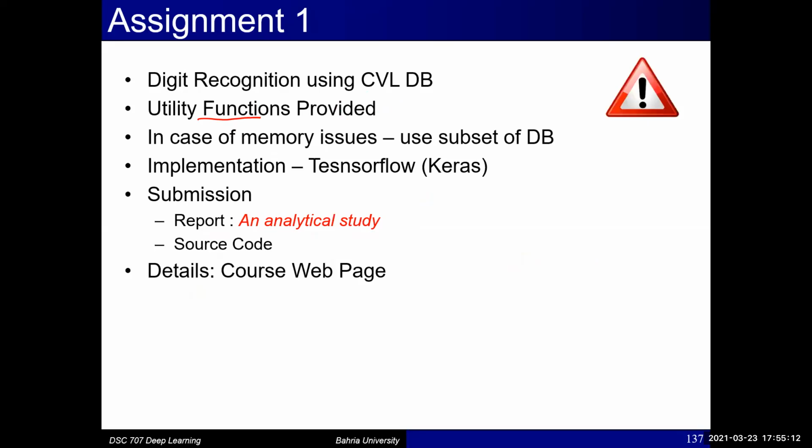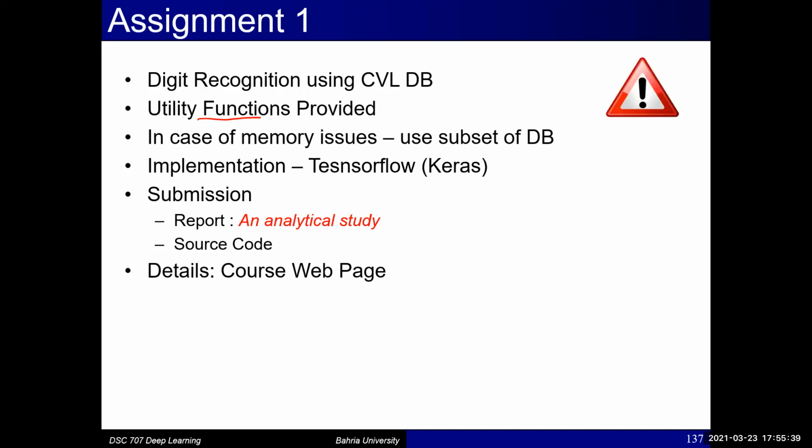And the actual data set has, I think, 21,000 images. They are very small, 32 by 32, I think, or 28 by 28, not more than that. So you would be able to run them easily on a normal machine, right? You don't need any high performance machine with a lot of memory to run this model. But still, in case you have any problem, you can use a small subset of the database, right?